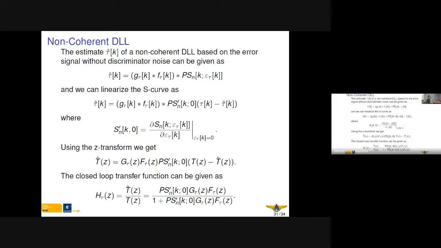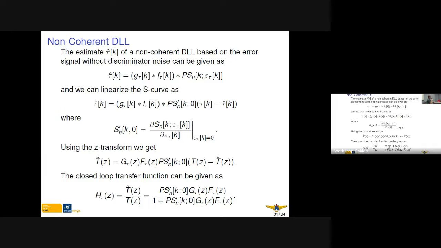And this is then the power times the slope of the S curve at 0, the integrator and the loop filter, divided by 1 plus P times the slope of the S curve at 0, the integrator and the loop filter.